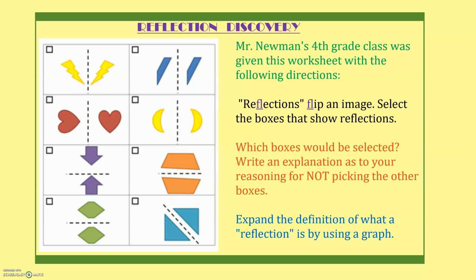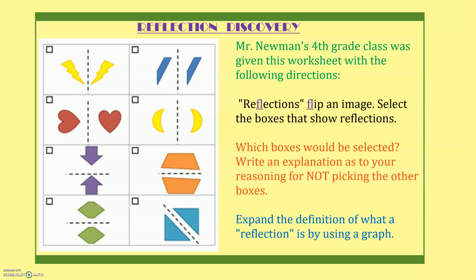Okay, so just based on the simple directions that reflections flip an image, those lightning bolts are flipped right over that vertical line. So that is absolutely a reflection. The dark blue polygons in the upper right-hand corner, it's not a trapezoid, that's a polygon, I know how to speak math, are the exact same shape and just translated over that line.